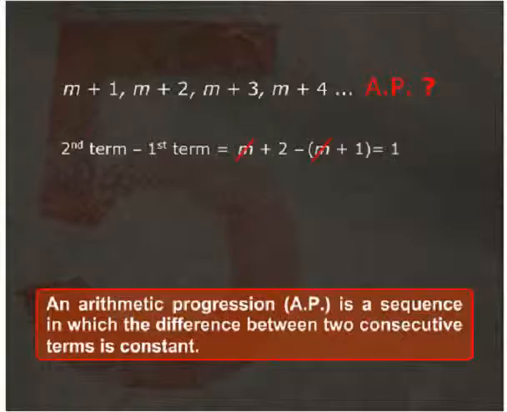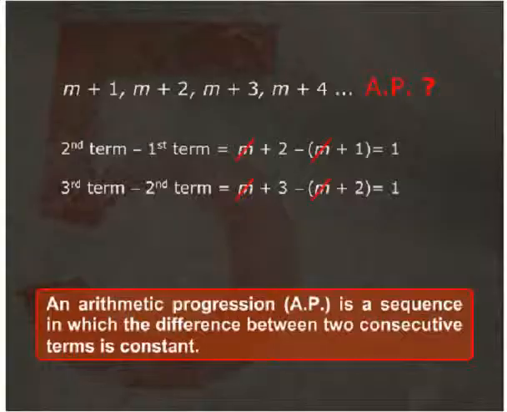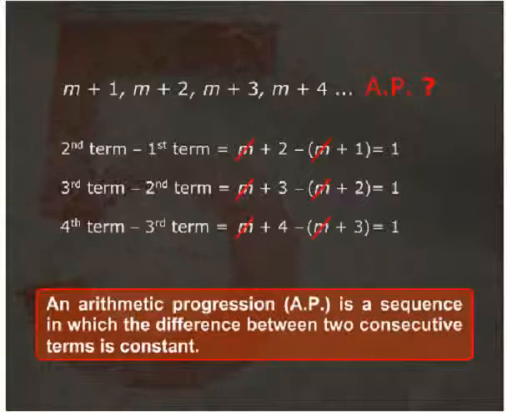Now let's find the difference between the third and the second terms. M plus 3 minus m plus 2. Once again 1. Fourth and the third terms. Once again 1. Since the difference remains constant, that is 1, this is nothing but an arithmetic progression. So don't forget how to find whether a given sequence is an arithmetic progression or not.